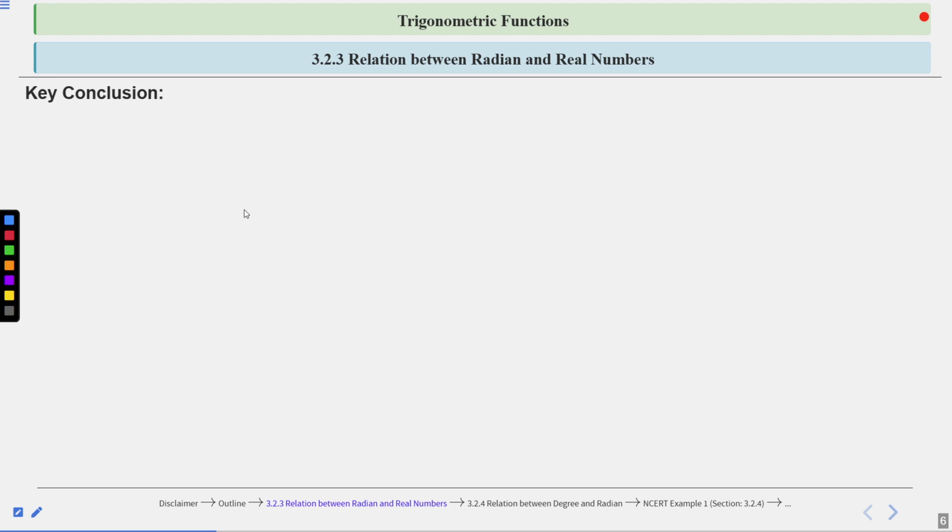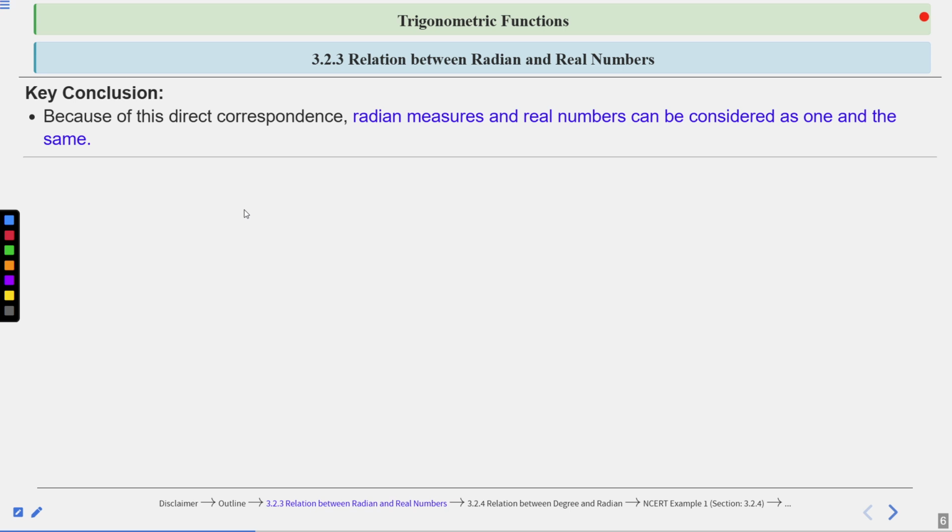Now, some key conclusions. Because of this direct correspondence, radian measures and real numbers can be considered as one and the same. Why are we doing so? Because in order to generalize the concept of trigonometric ratios to trigonometric functions, we require this.